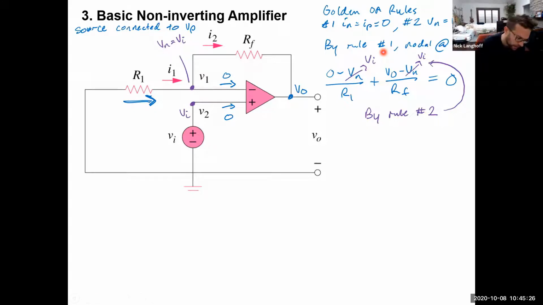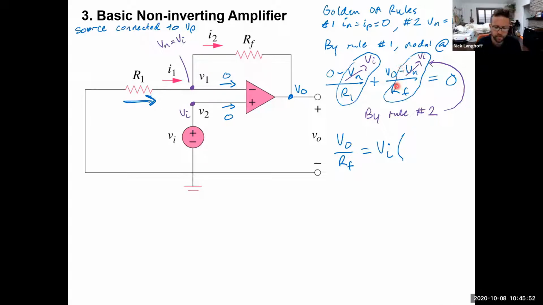So let's write this in terms of those things. If I leave the V out over RF term on the left side of the equation, and then on the right side, I'm going to group the VIs together. If we move this term over to the right, they're both going to become positive, right? I meant to draw this as having that negative in there. It's a 1 over R1 plus a 1 over RF when they moved over to the other side.